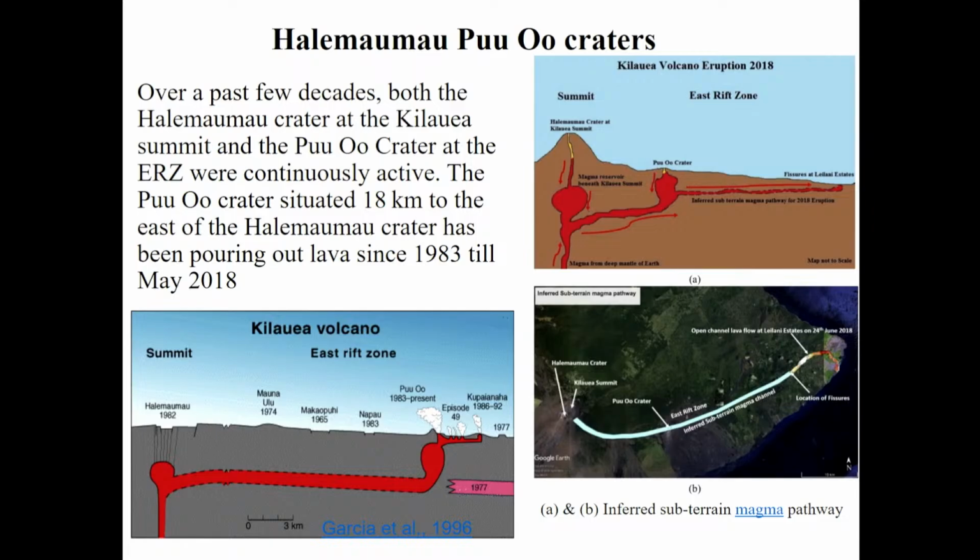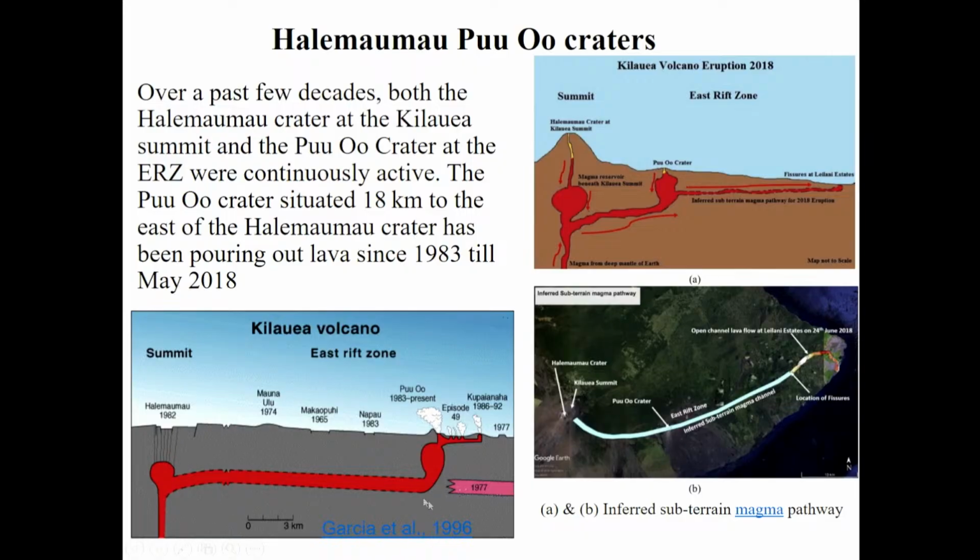This Puo crater is situated 18 kilometers to the east of the Helmau crater. And here you can see the model which was given by Garcia et al.